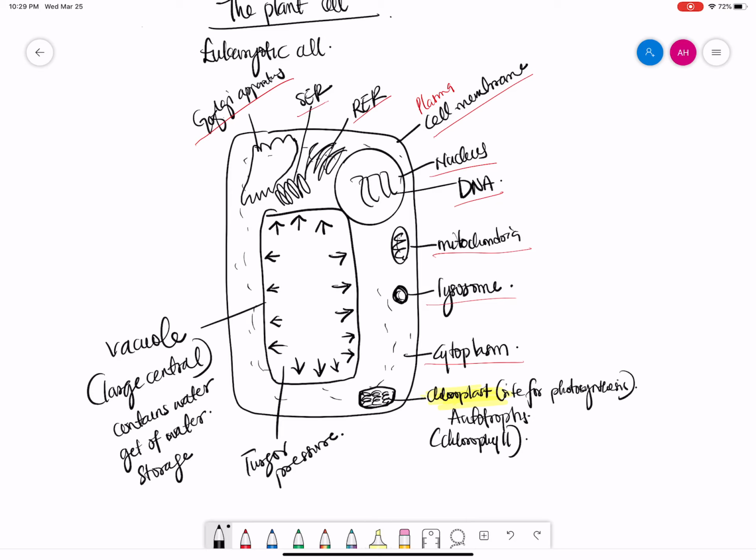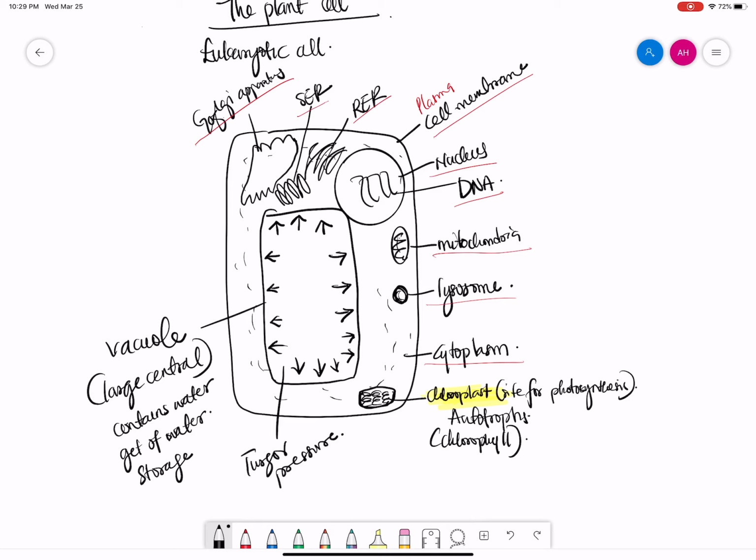If you remember, plants are autotrophs, which means they're able to make their own food directly from the sunlight. So they contain a pigment called chlorophyll, and this pigment chlorophyll is important in capturing sunlight and converting it into energy, food. And so this is the function of the chloroplast.